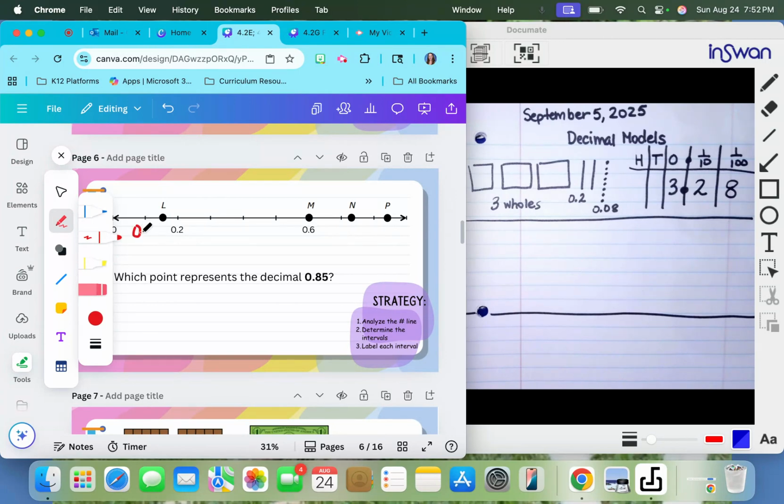We have 1 tenth, 2 tenths is already written, 3 tenths, 4 tenths, 5 tenths, 6 tenths, 7 tenths, 8 tenths, oops, can't really see my decimal point, I'll put it right there, and 9 tenths.